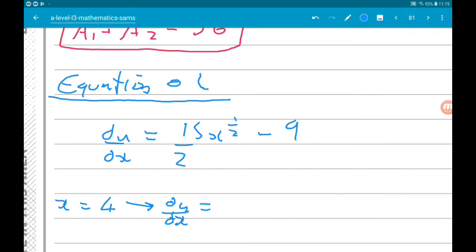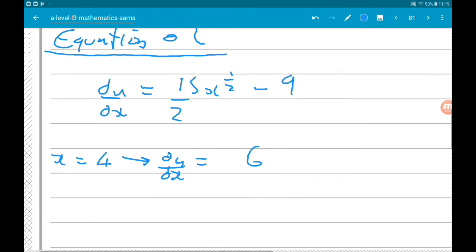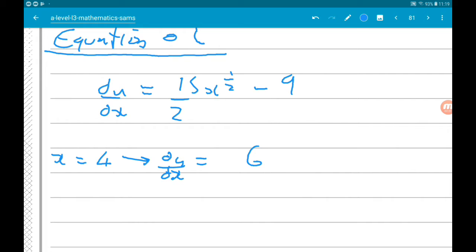So we have 15 minus 9, which gives us 6. So we now know L is of the form y is equal to 6x add c.